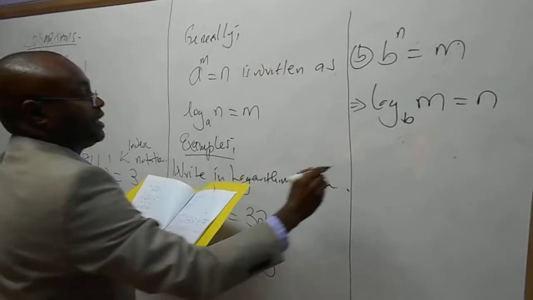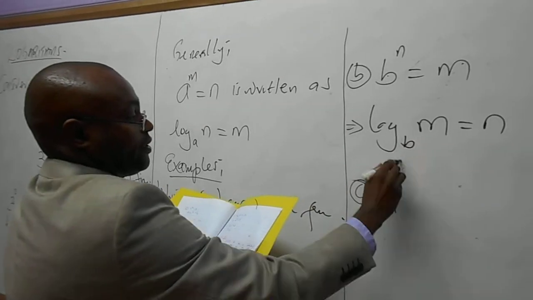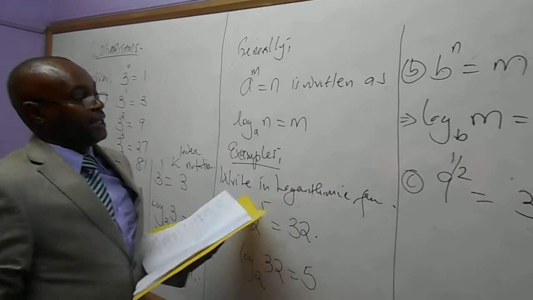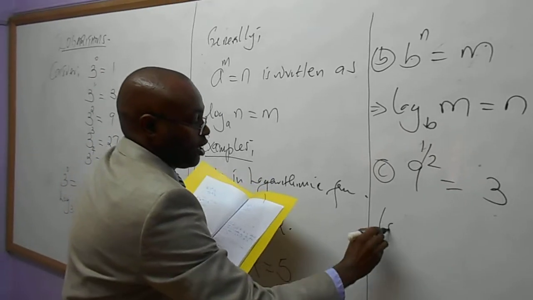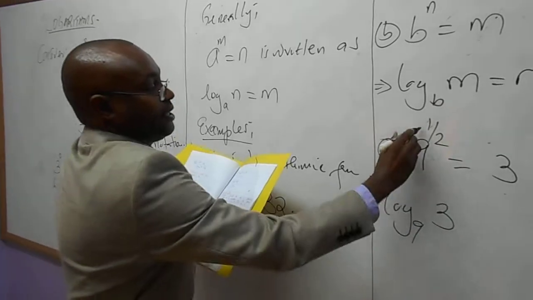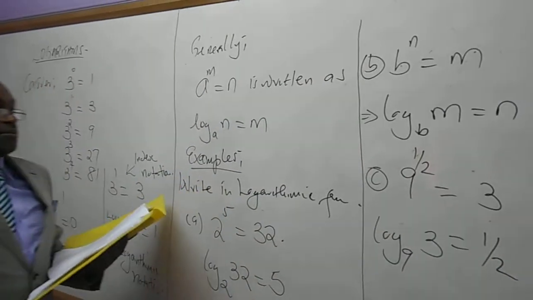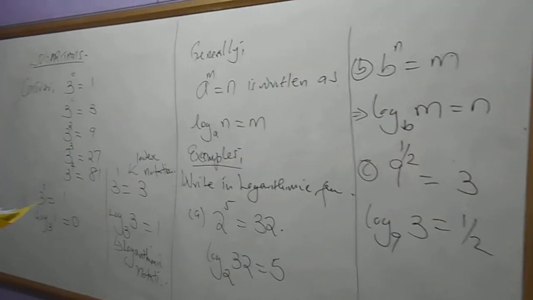And finally, 9 raised to a half is 3. Write in logarithmic form. It's going to be log of 3 to base 9 is equal to a half, because that a half is the logarithm.